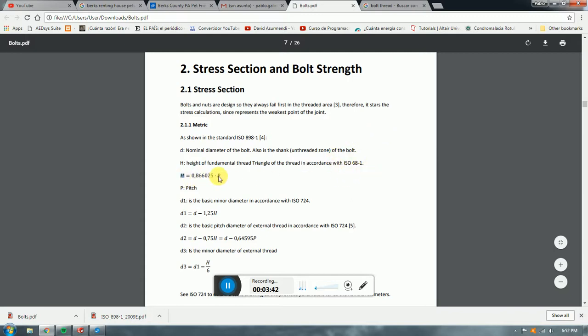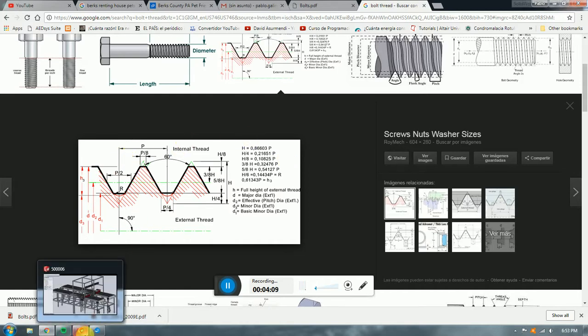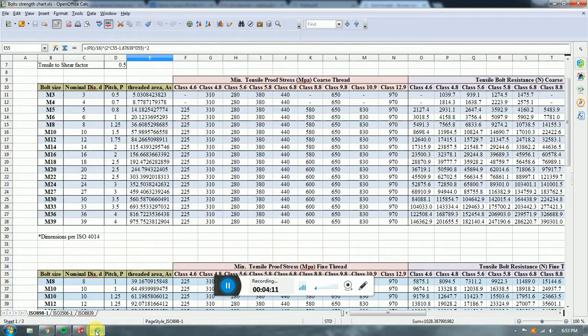Curiously, to calculate that, we're going to start talking about the P. The second most important parameter, sorry, I should have put this first, is the pitch, okay. And the pitch is the separation of these internal thread triangles, as you can see here, that you can find in any of the ISO dimensional standards like ISO 4014 or the 4017 or whatever you can find.